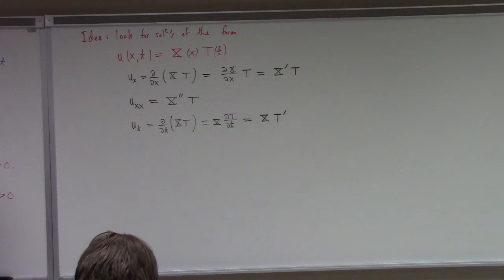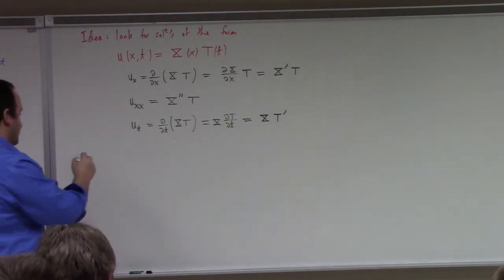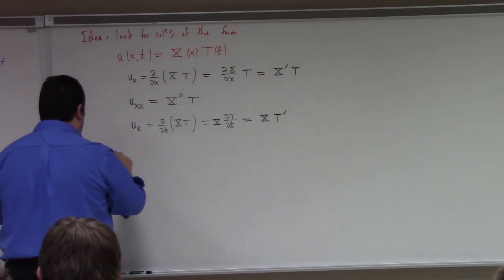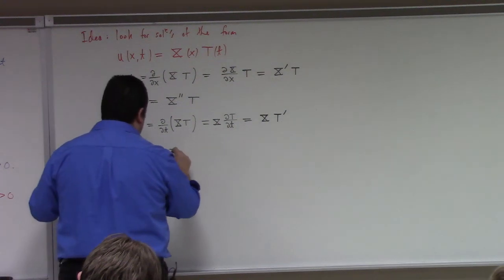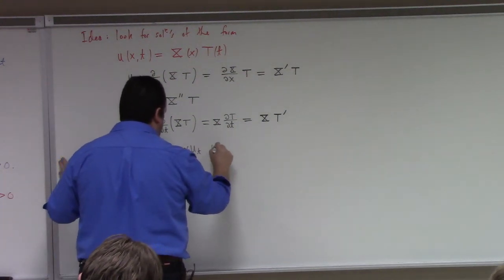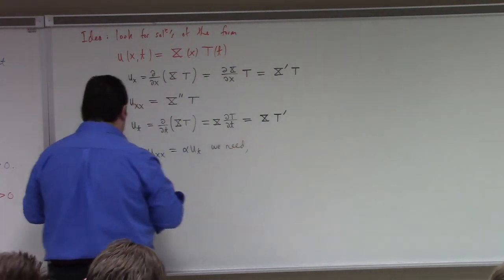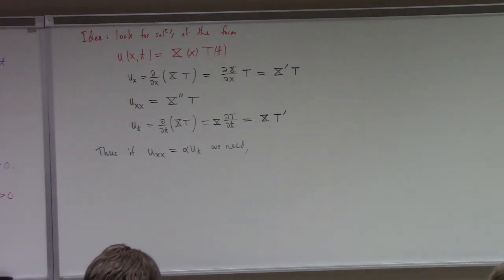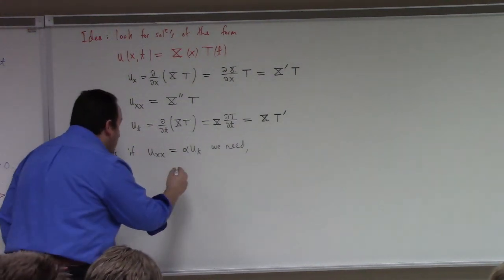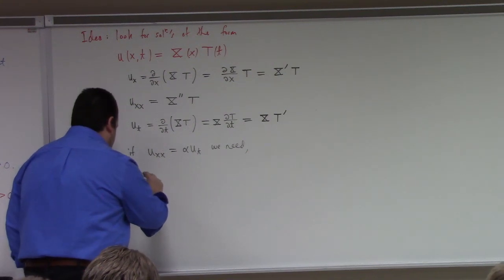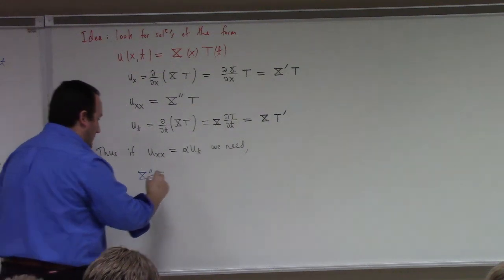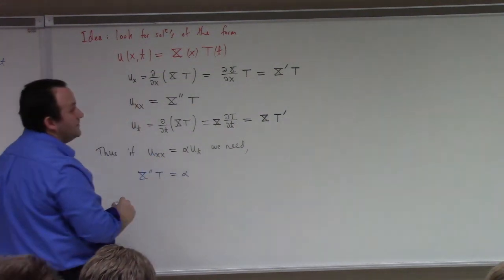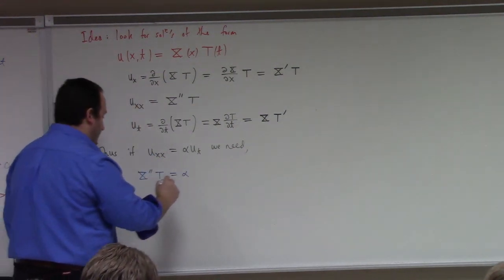Okay, now that we have the partial derivatives settled, we plug our template solution into the heat equation. If u_xx is going to be equal to alpha u sub t, we need X prime prime T equals alpha X T prime.